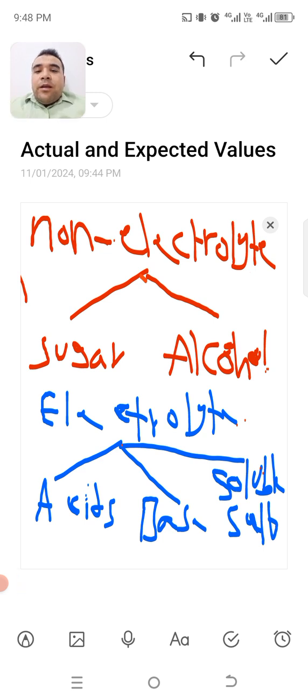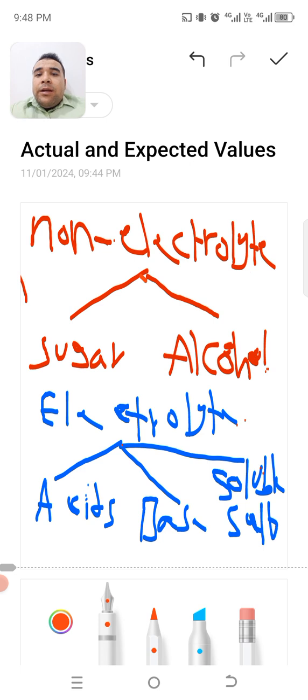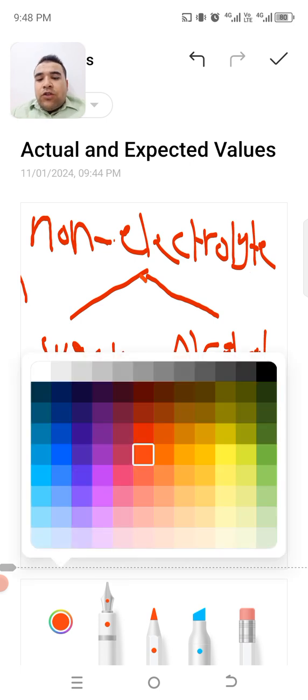At the beginning, guys, we have to know that in terms of having solutions in chemistry, we have two types of solutions in terms of conducting electric current. One, we have the non-electrolytes, the other is the electrolytes.